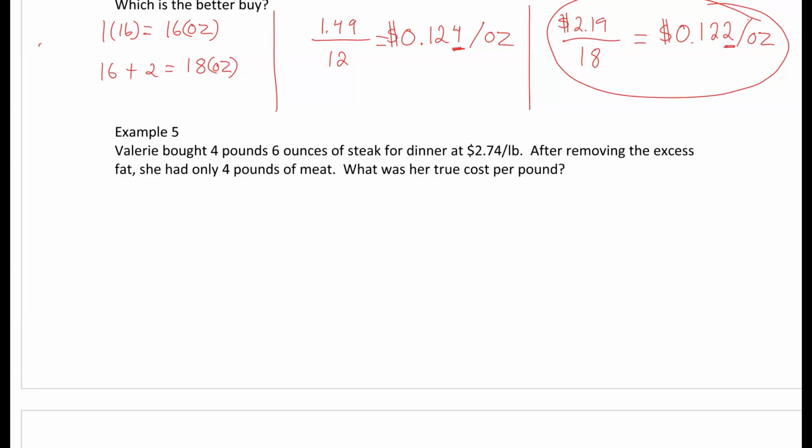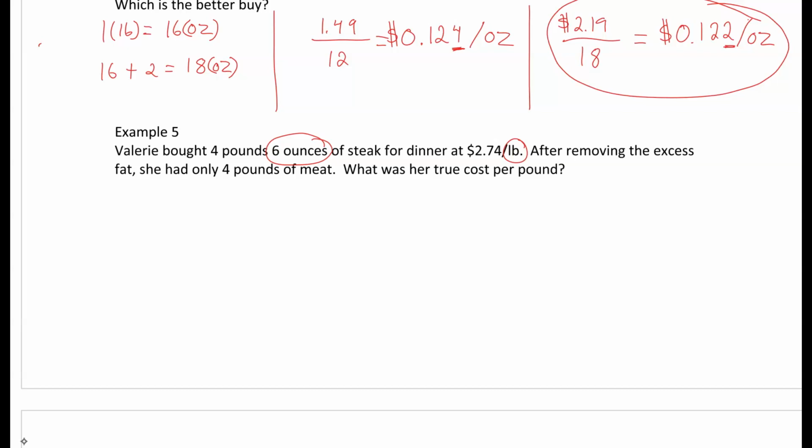The first thing is, if you're paying per pound, you need to turn this 6 ounces into pounds and then add it on to that 4 pounds to figure out what your total weight is in pounds when you start out.